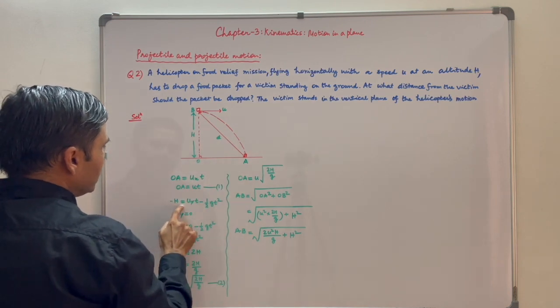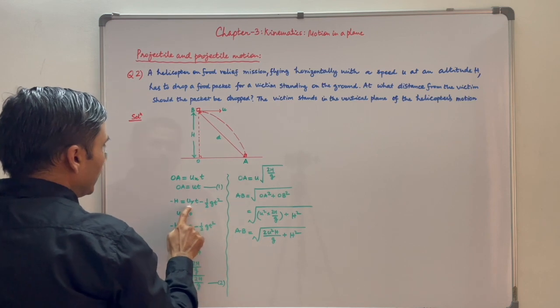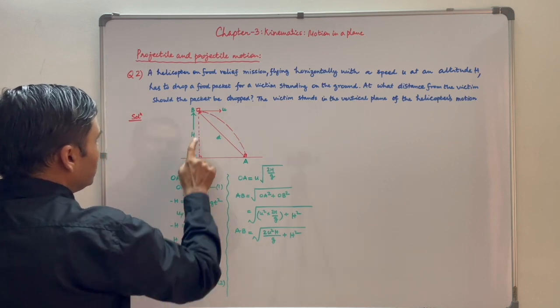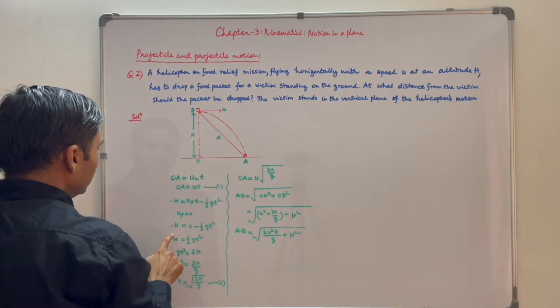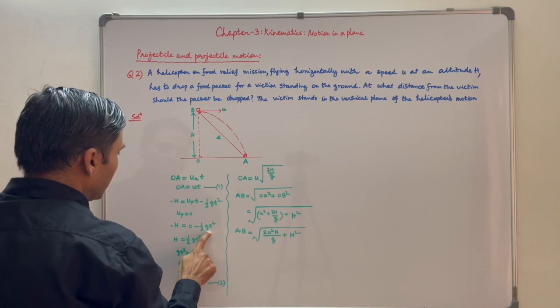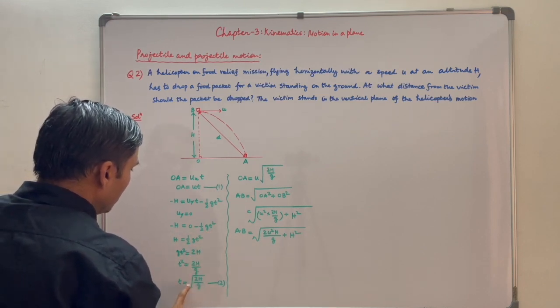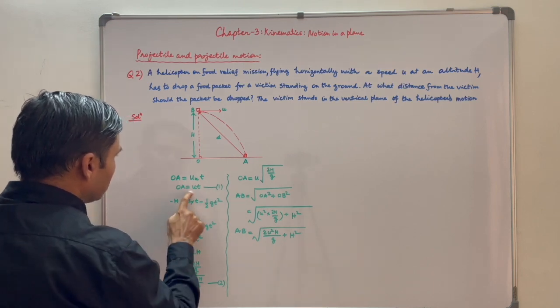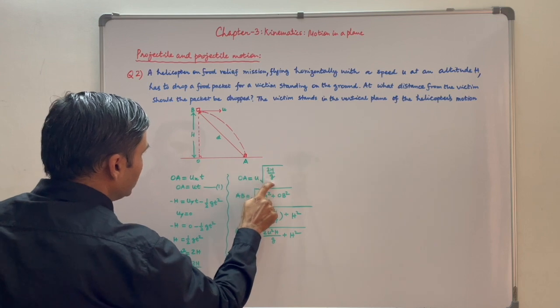So minus h is equal to u_y t minus half g t square. u_y is equal to 0, meaning the initial vertical component of the velocity is 0. So minus h is equal to 0 minus half g t square. So t comes out to be under root 2h upon g. Put this value of t in this equation. So OA is equal to u under root 2h upon g.